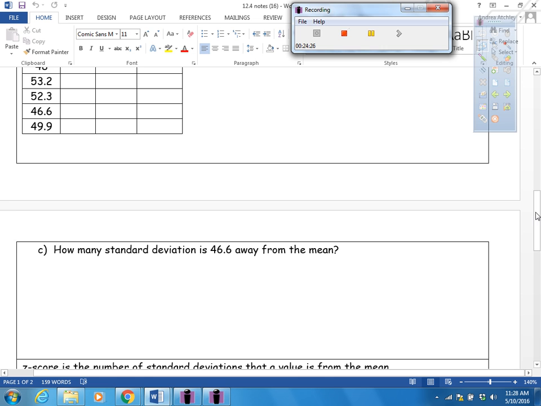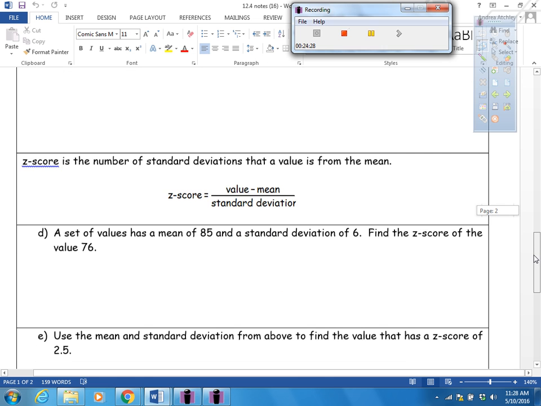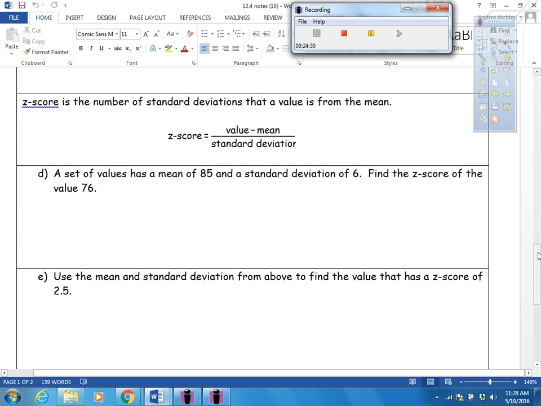Okay, now I want to talk about the z-score. Z-score is another way to talk about how many standard deviations away from the mean a value is. This is more of an exact number. Okay, so z-score is the formula here. The value minus the mean divided by the standard deviation. And z-score, again, is something else you'll use as you get into stats.